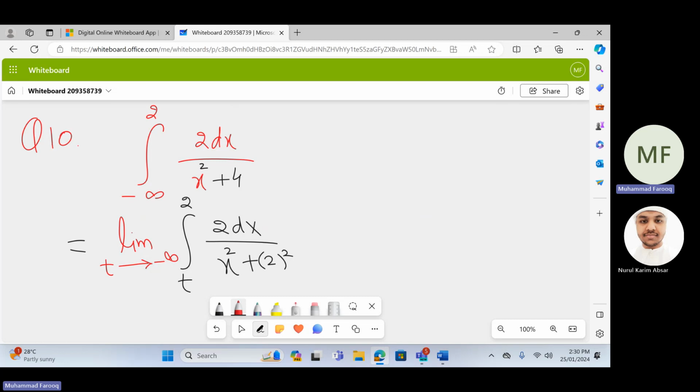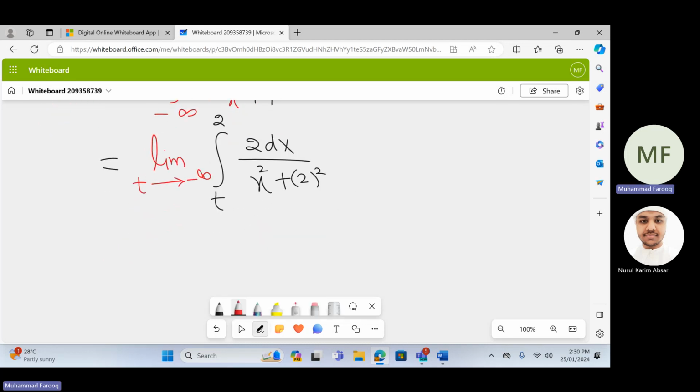When you finish all these things, then apply the limit. What will be the value of the lower limit? T, and T becomes negative infinity at the end. Now please start your calculation. 2 is a constant, so take it outside.